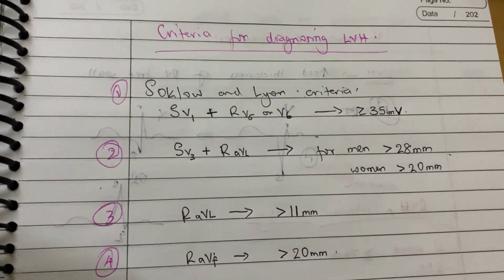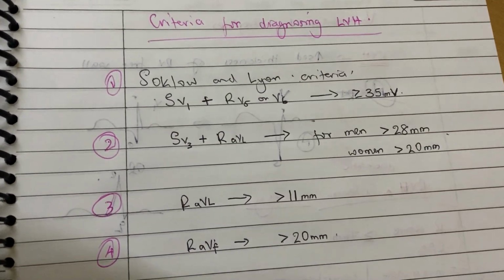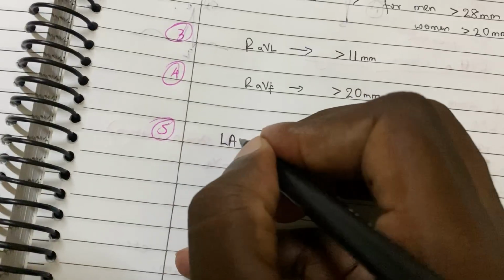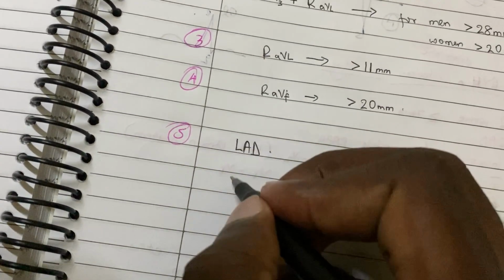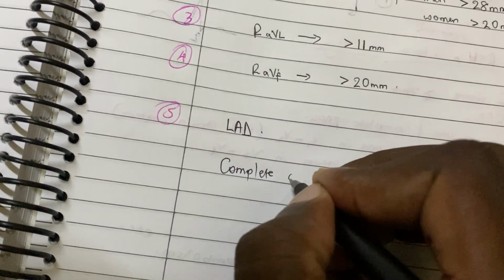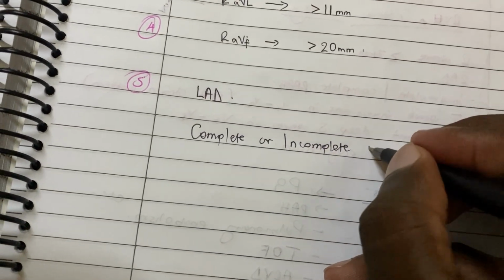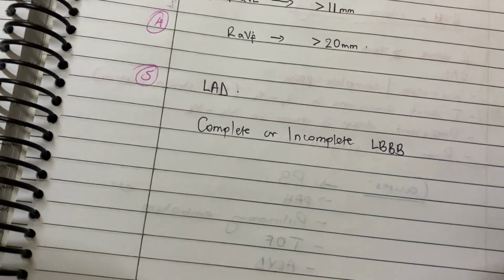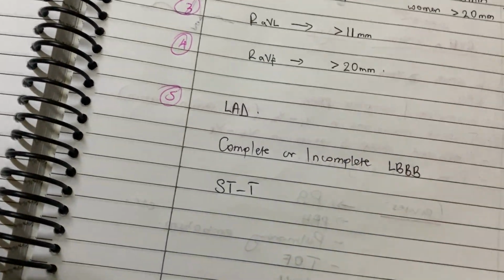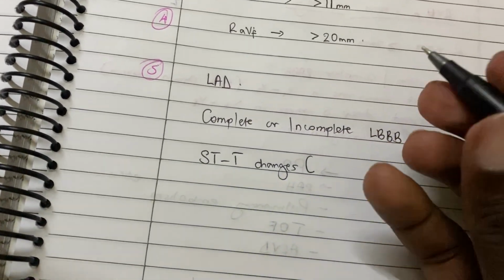Now other supportive ones. Since this is towards the left, you can have left axis deviation. Another one can have complete or incomplete left bundle branch block, and then ST changes. What are those changes?